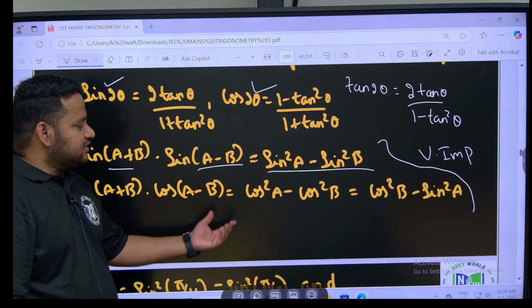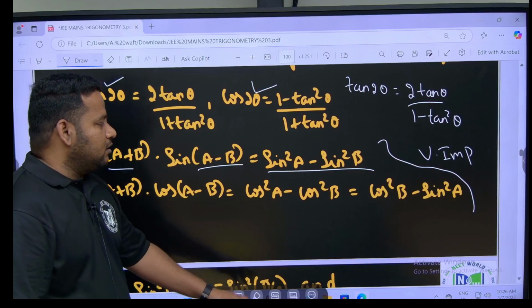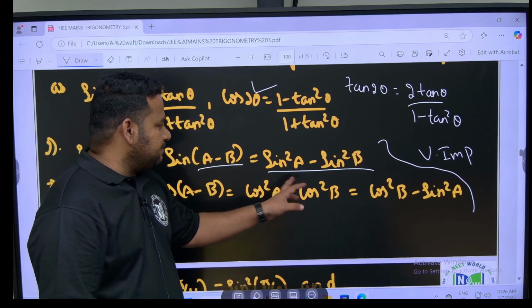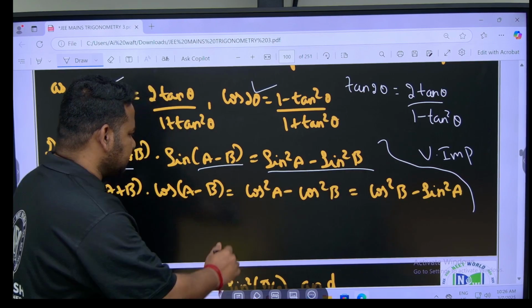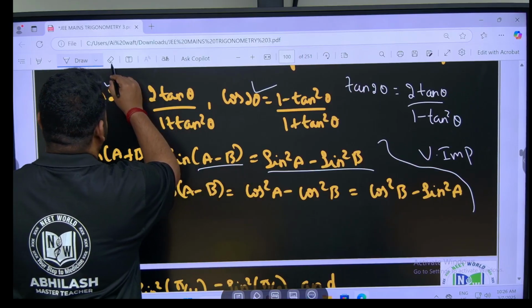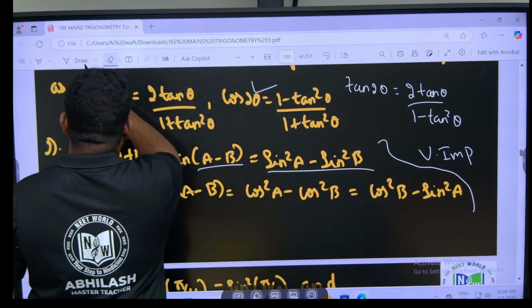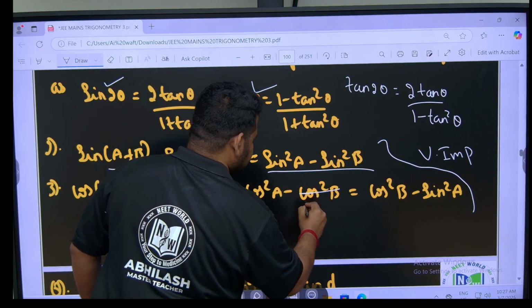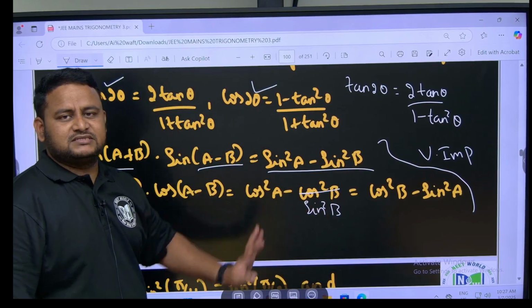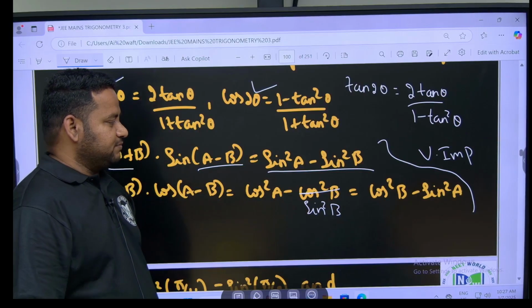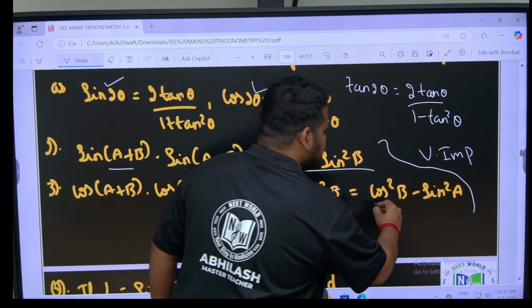It is not just in terms of cos; it is cos square a minus sin square b, or cos square b minus sin square a.